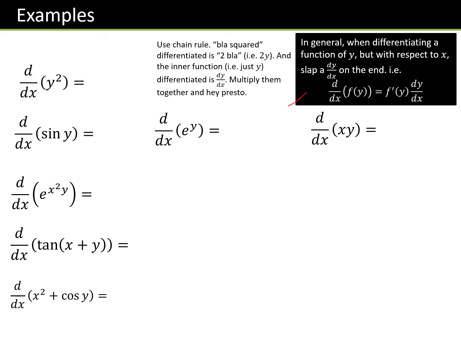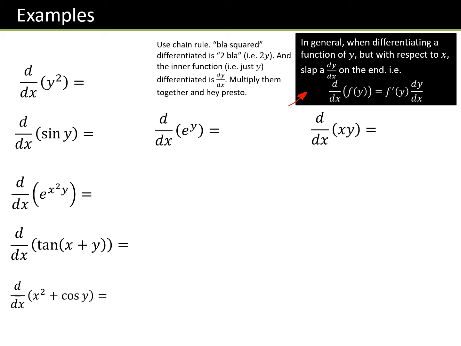This black box is the most important thing that you're going to see in this entire video. If you're differentiating any function of y, so anything with y's in, with respect to x, then this is how you would do it. You differentiate it normally, but then you multiply it by dy by dx afterwards.